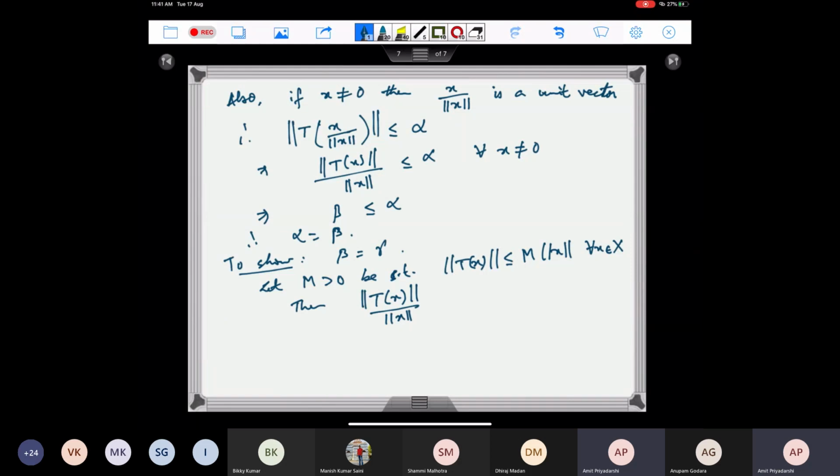Because beta was the supremum of norm Tx by norm x, where x is non-zero.